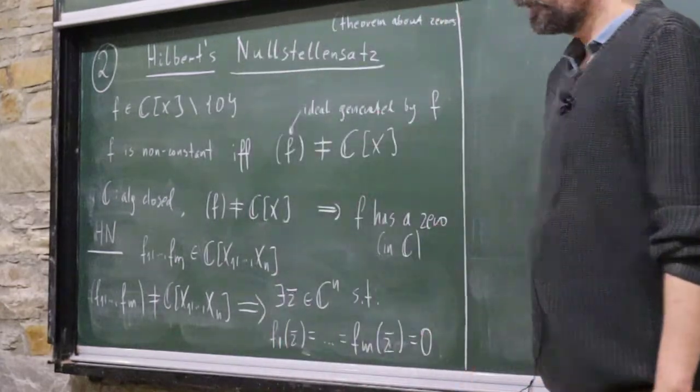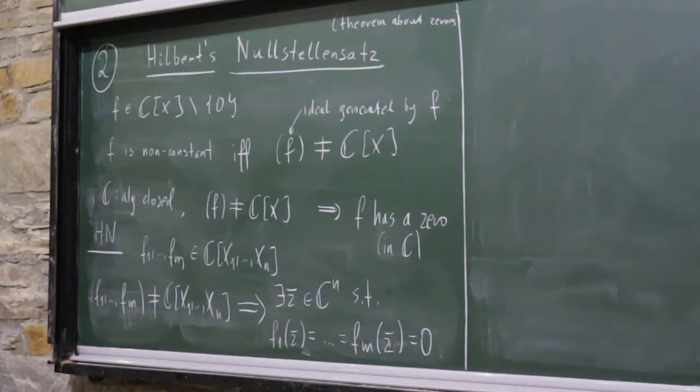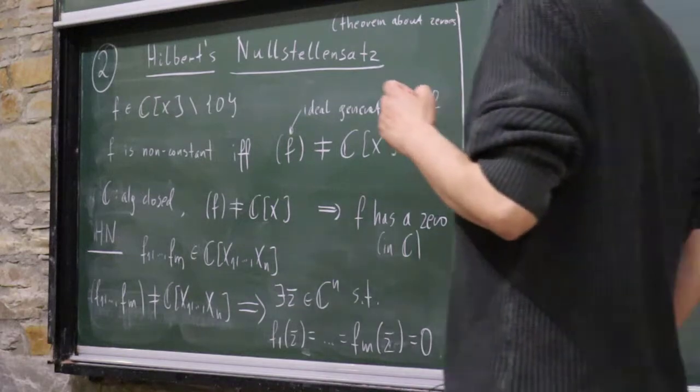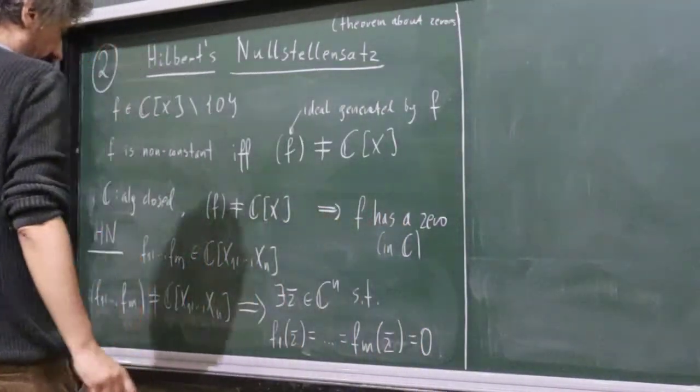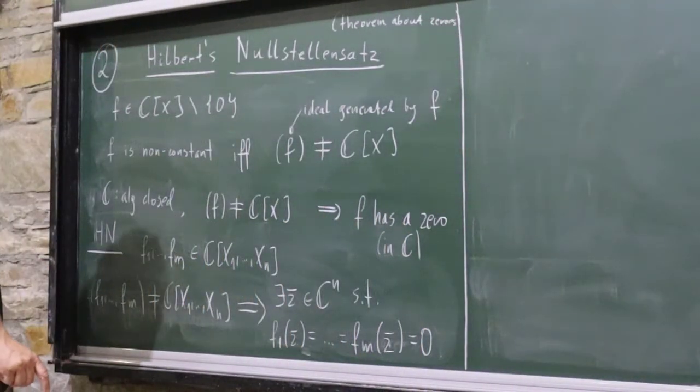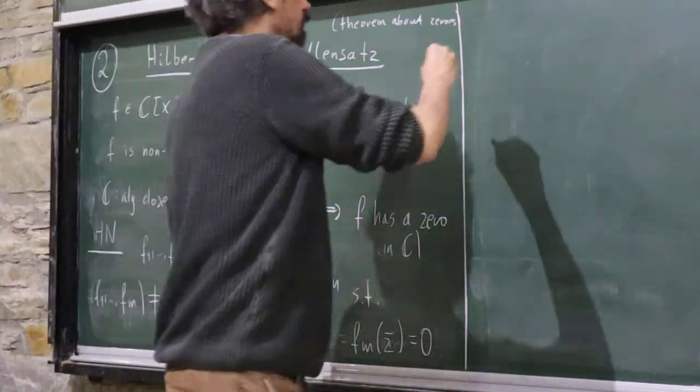Okay, so this is a generalization of this condition to an arbitrary ring of polynomials in finitely many variables. So how to find the zero?